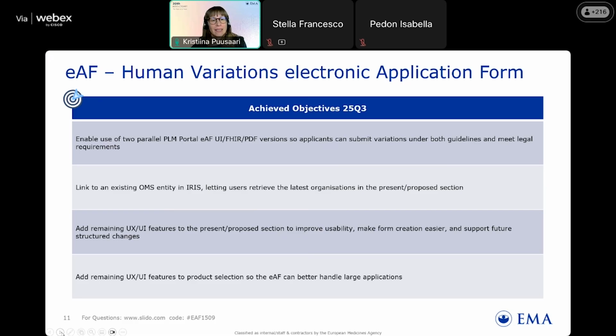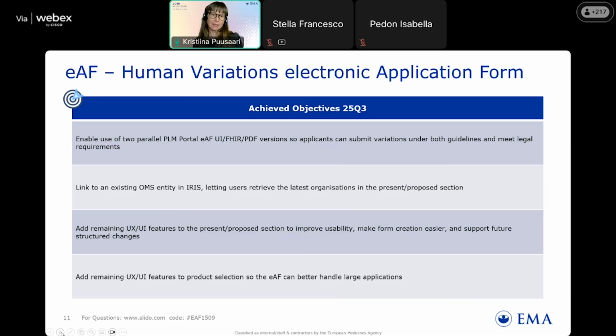We have also linked into an existing OMS entity. So now, especially in the present and proposed section, you are now able to retrieve the OMS data directly from OMS. As some of you may be aware, we have a known issue where we are using OMS data through an IRIS data layer, which is not always up to date.